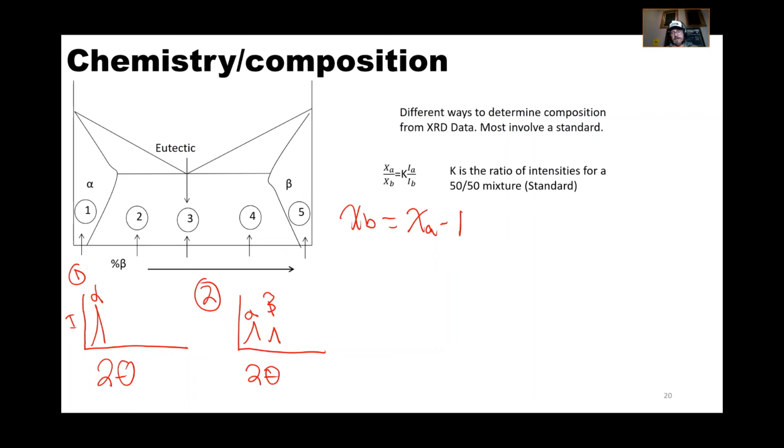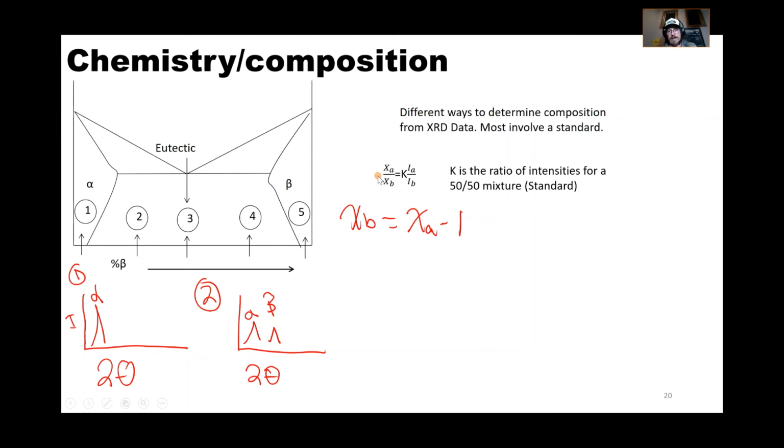So you can solve it without a system of equations, if you will, because you can just substitute one or the other. You could find the weight fraction of one, then figure out the weight fraction of the other based on comparing the intensities of the two peaks. And K is the ratio, so you would have to know what a 50-50 alpha beta, or AB, composition peak looks like.